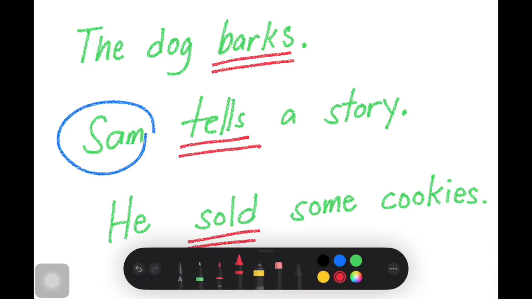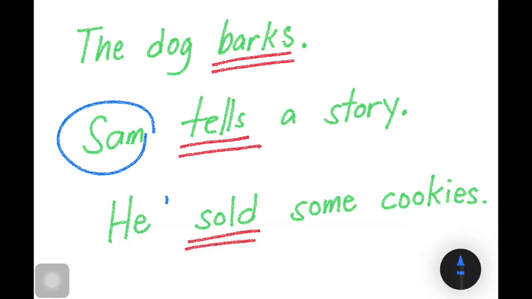Because our subject, he, what he's doing is he sold some cookies. It is also very important that before you look for the action verb, you first identify the subject, because once you identify the subject in the sentence, it's easier to identify the action verb, right? So he sold some cookies.